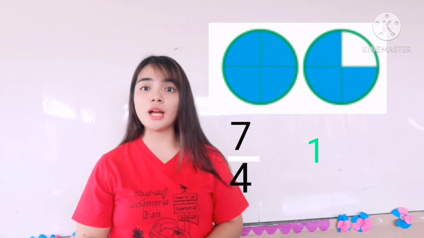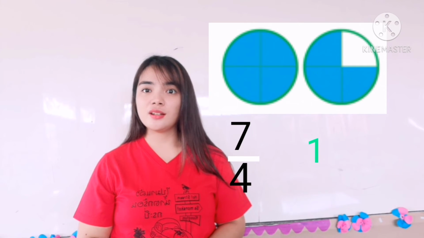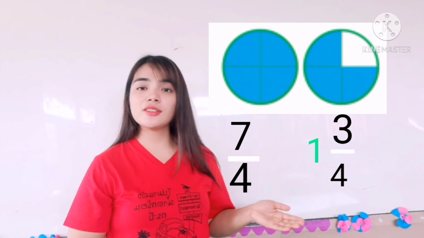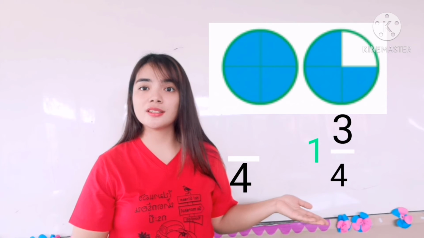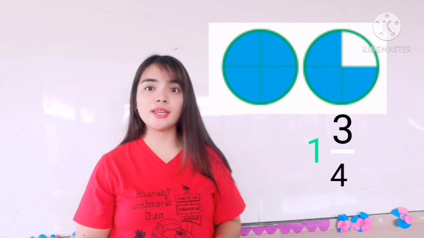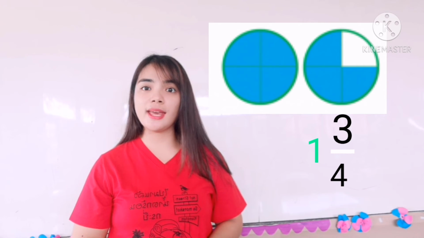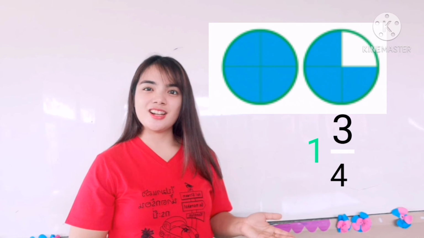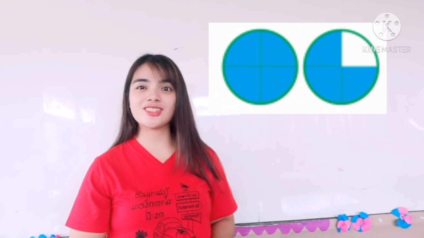Then 7 minus 4 is 3. So 1 represents the whole part. And then the remainder, which is 3, represents the part that is still being shaded, or the part that we cannot accumulate to become a whole. Then we can just carry our denominator, which is 4. So our mixed fraction is 1 and 3/4.